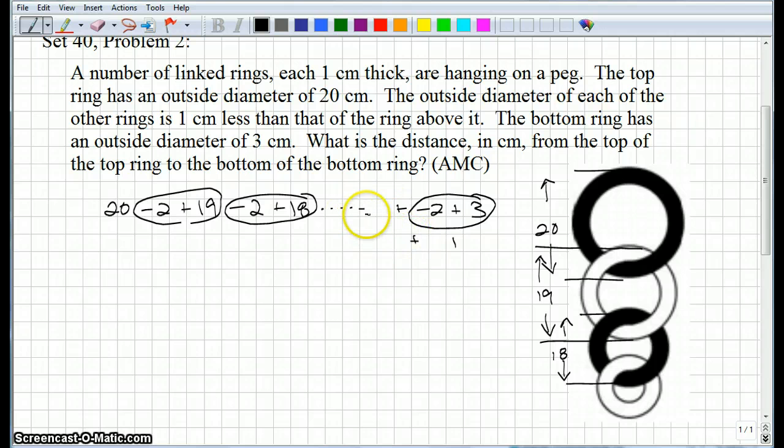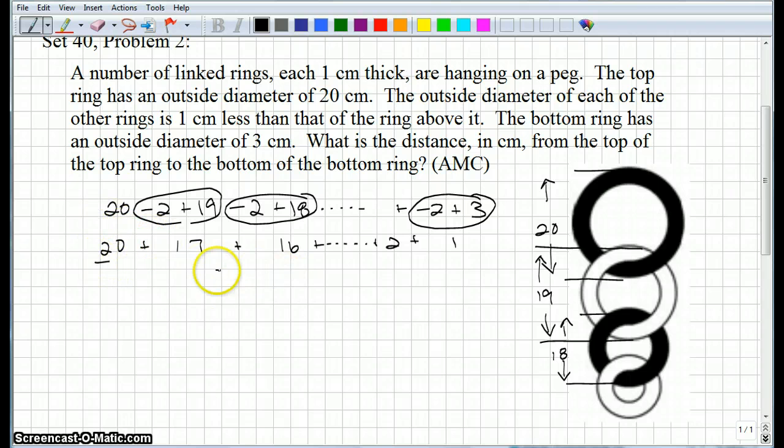One before it, we have a 4 centimeter ring, and when we added that on, we go up 2 and then measure down 4. So that would give us a 2, and so on. This is going to be 16, and this is going to be 17. So essentially we're just adding 17 down to 1, and then 20. Okay, 20 is kind of out there.